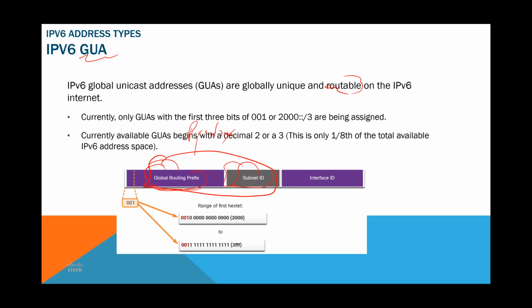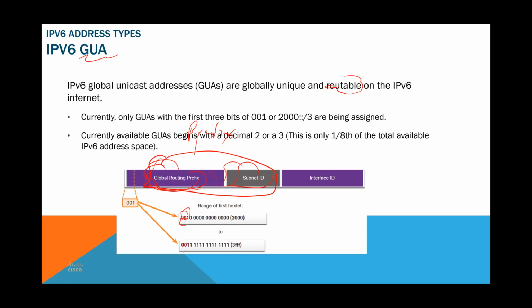But then they are telling us something here that is very important. From this global routing prefix, they have some bits there they were working with, which is 16 bits. So from those 16 bits, they work with 3 bits out of those 16 bits.